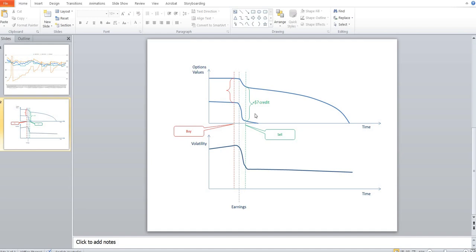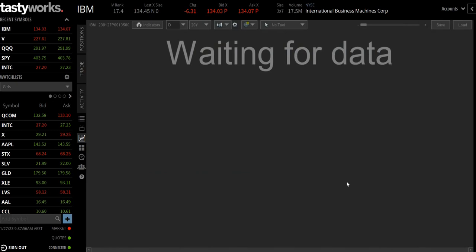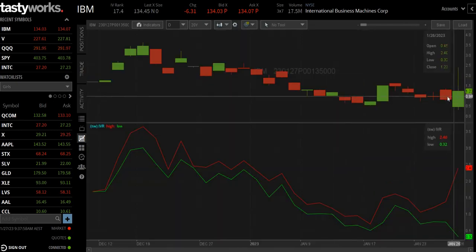Because of that, if everything works out according to plan, you can close both of those for a nice credit. And if that credit is larger than your debit when you open the trade, then obviously you profit.